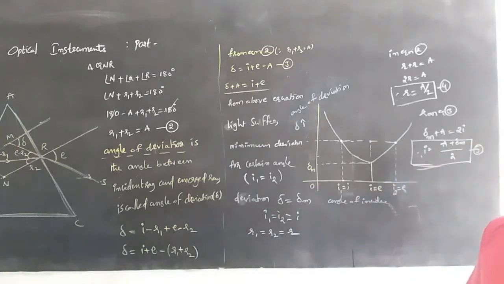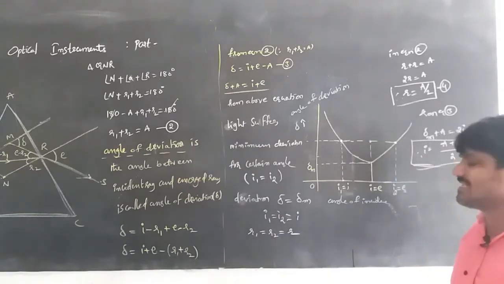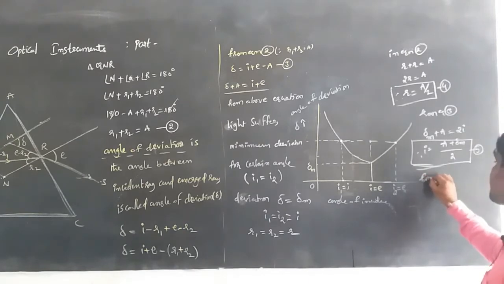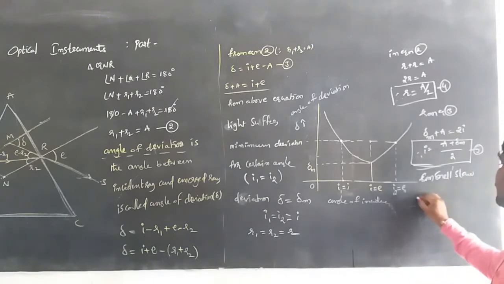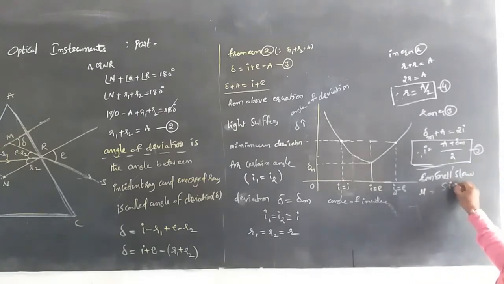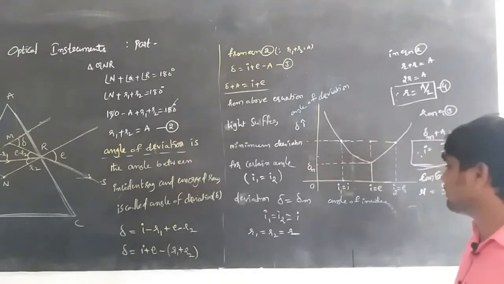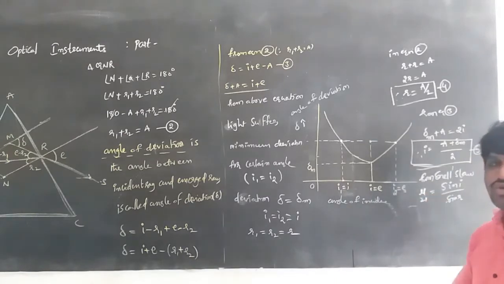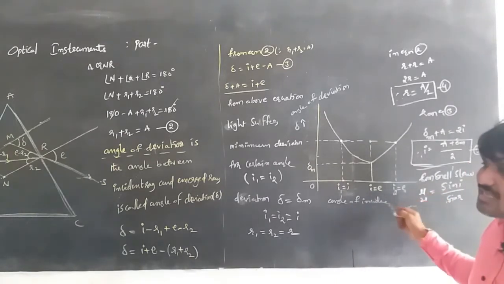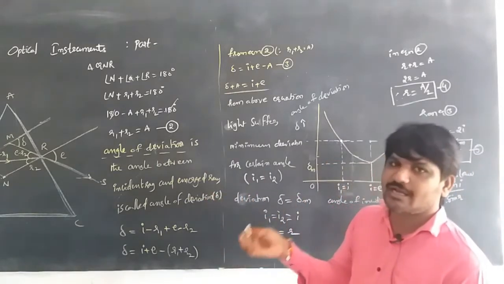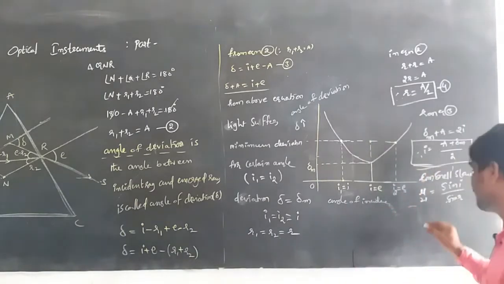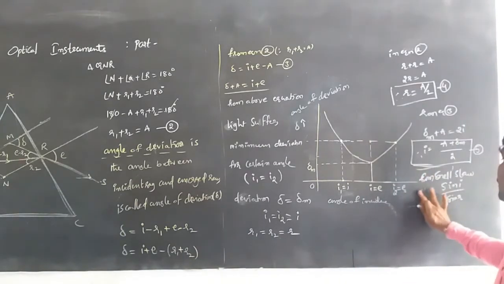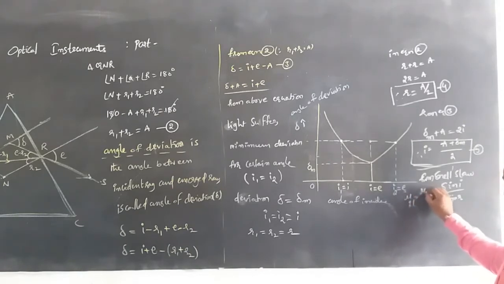These two equations are from Snell's law. From Snell's law we have mu is equal to sin I by sin R. Here mu 2,1 is the refractive index: mu 1 is the refractive index of the medium in which the prism is placed, and mu 2,1 is equal to mu 2 by mu 1.